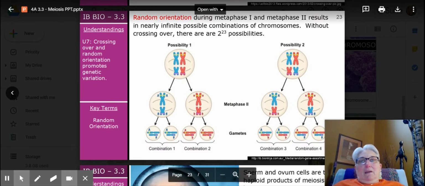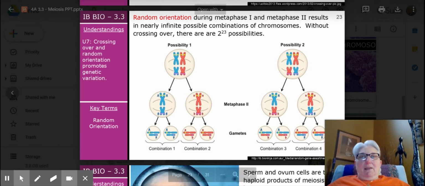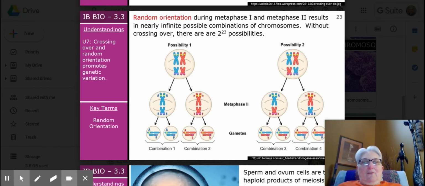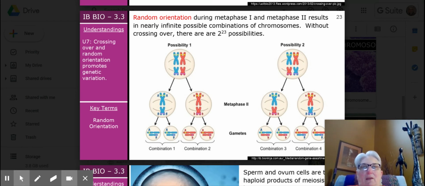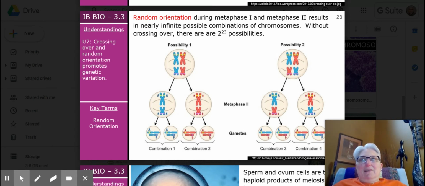The other thing that we're looking at when we look at variation is the randomness, right? If we didn't have crossing over, they say that our possibilities are really finite, of what we could come up with. 2 to the 23rd.